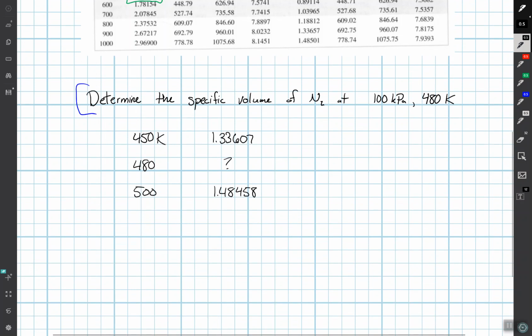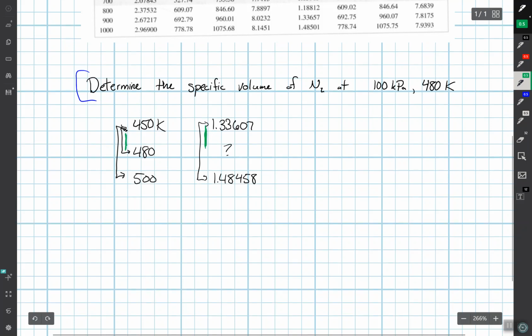If you think about what we're going to do, we know the distance between those two numbers and the distance between those two numbers. We know the distance here, so we're going to use this distance to estimate this distance.